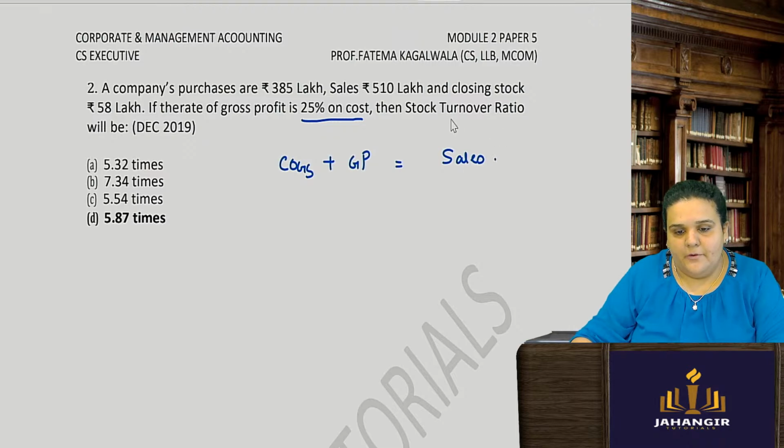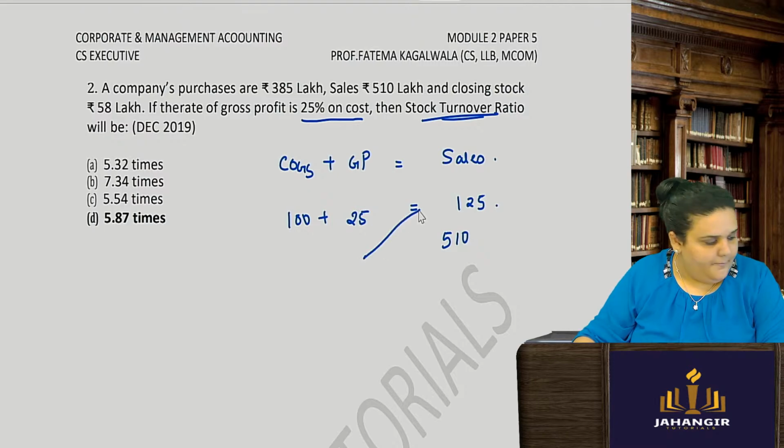I'll need the sales amount, no? I need the stock turnover ratio to be calculated. Gross profit, they are saying, is 25% on cost. So assume cost to be 100, so sales will be 125. Now 510 is the amount of sales. If I cross multiply, I will get my profit.